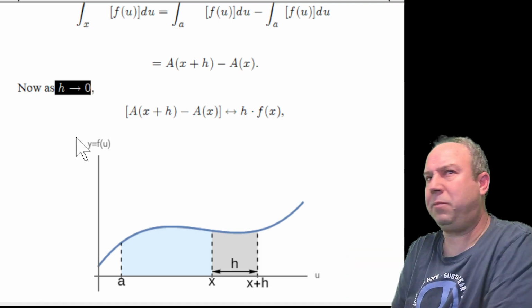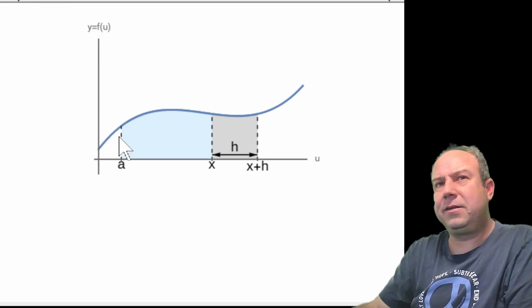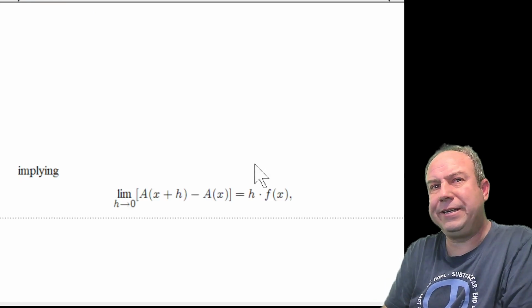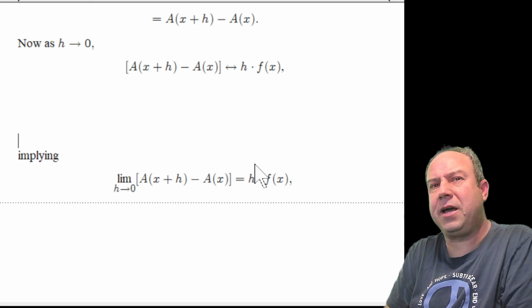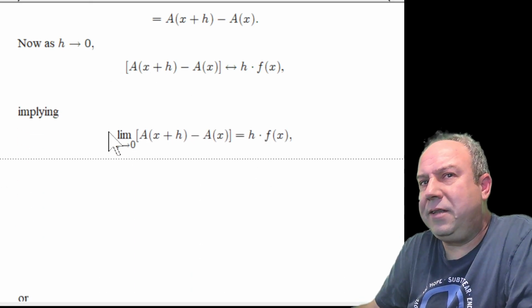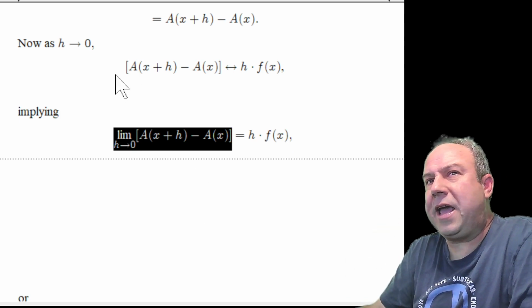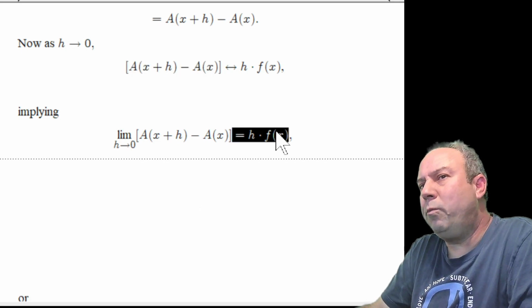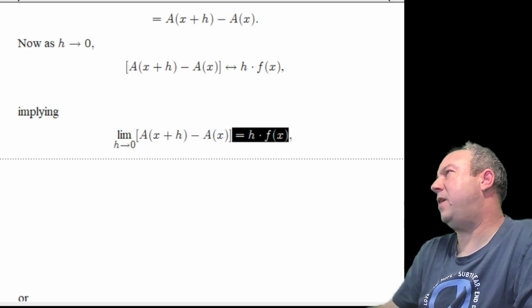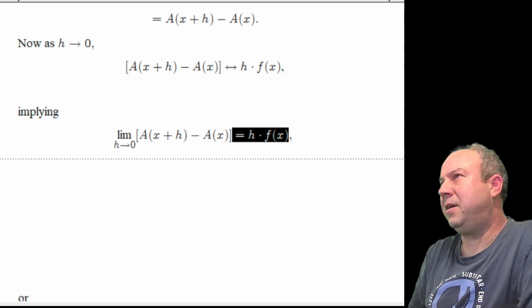So what does that mean? Well, that means, if I get rid of that illustration here, this ends up implying that if I take the limit as h heads to 0 for this quantity A of x plus h minus A of x, it must be equal to h times f of x as a limit statement.